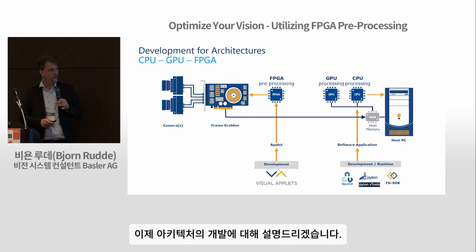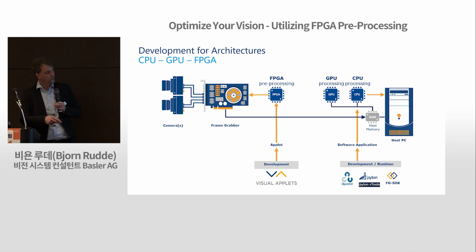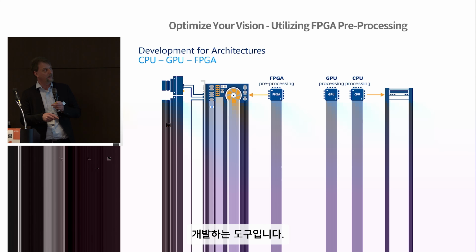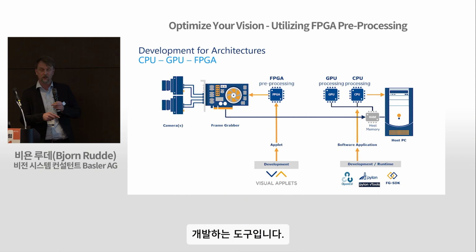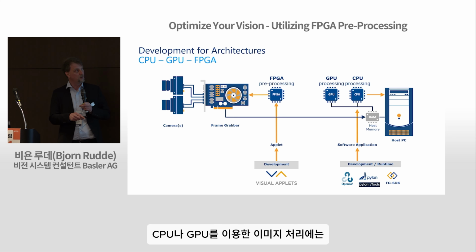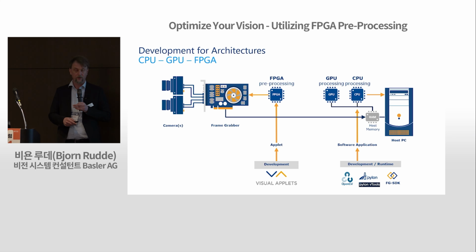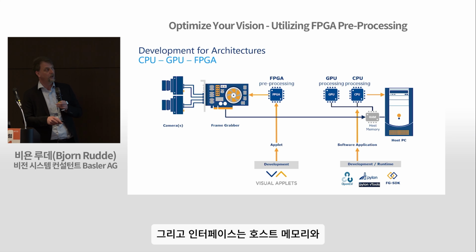So when it's now about the development for these architectures, I already explained this, that Visual Applets is a development tool to develop something that is running in the FPGA of the frame grabber. For the GPU and the CPU, you have different software approaches that work on these images, and the interfacing is always related to the host memory.